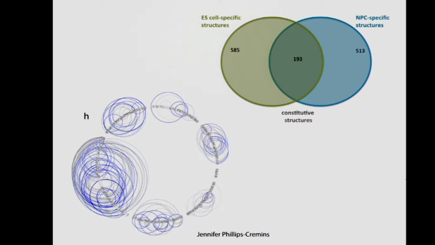Now, the interesting thing is at that resolution, we actually find a fairly different looking structure. We find that the small scale structures, the sub-megabase structures, are quite a bit more dynamic between these cell types than the large scale TAD structures. So the overlap here is smaller. Each of these has a fairly significant number of structures that are unique to them.